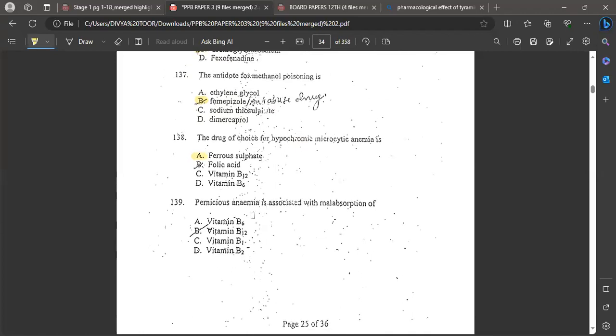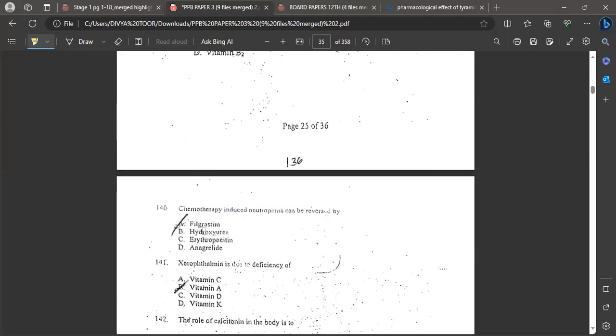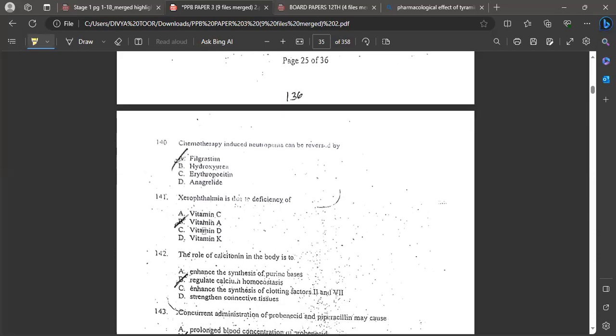So then we can go to the next one. Pernicious anemia is associated with malabsorption of vitamin B12, yeah, due to the intrinsic factor. Chemo-induced neutropenia can be reversed by filgrastim, yeah. Those are colony stimulating factors.